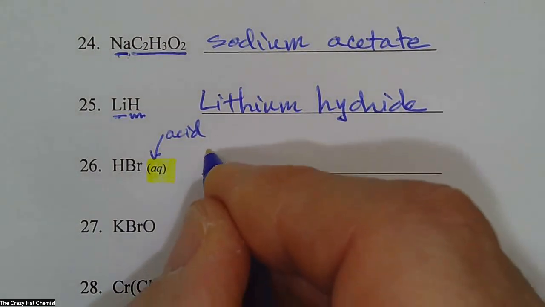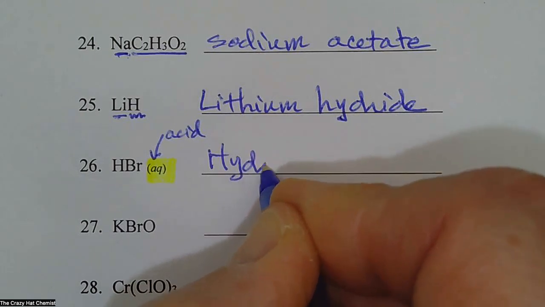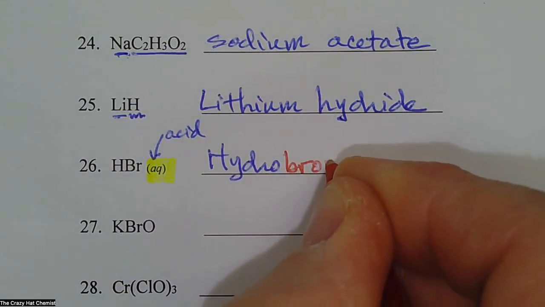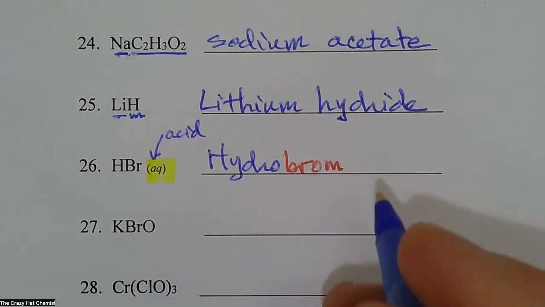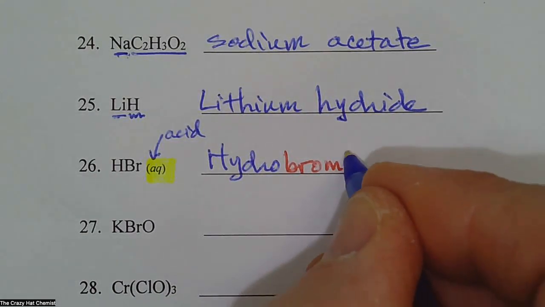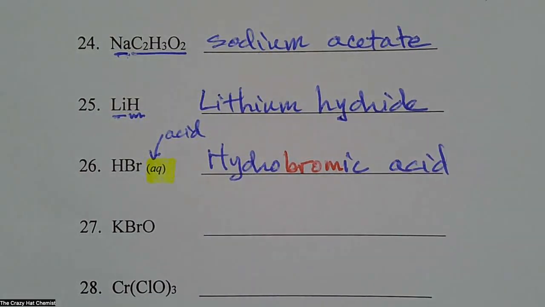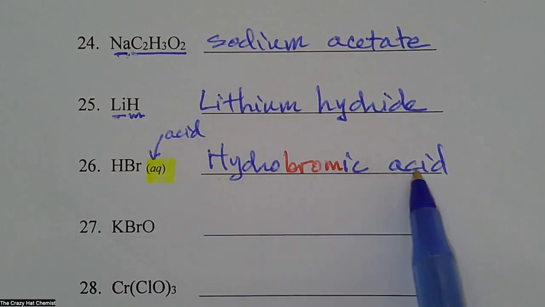That certain naming is hydro, root word, ic acid. So all binary nonmetal acids have what I have in blue. That is hydro root word ic acid.